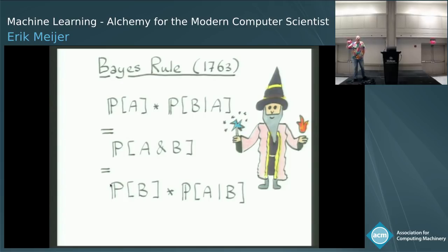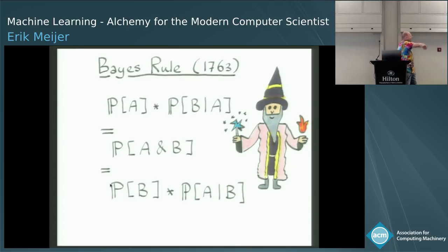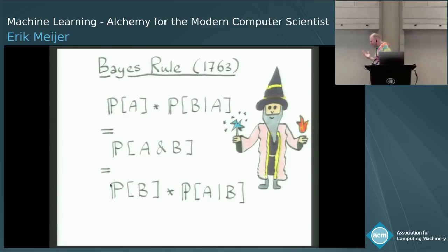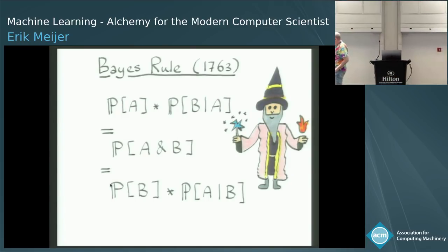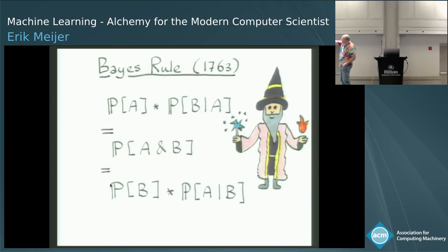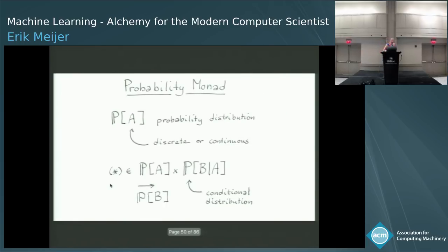And Bayes' rule is another piece of crazy mathematics from centuries ago. It's 1763. What that says is that if I take the bind of the star, that's really bind, and the P of B given A, that's a monadic function from A to probability of B.